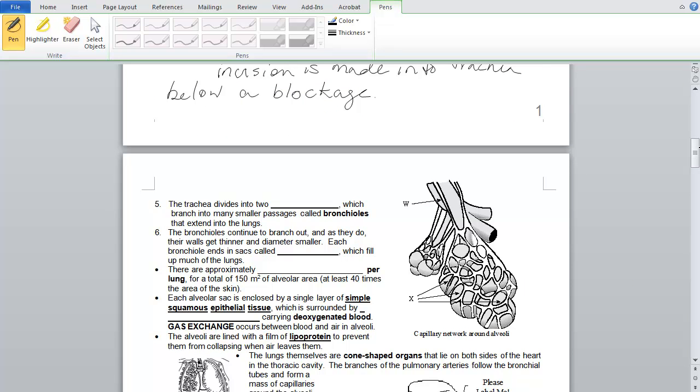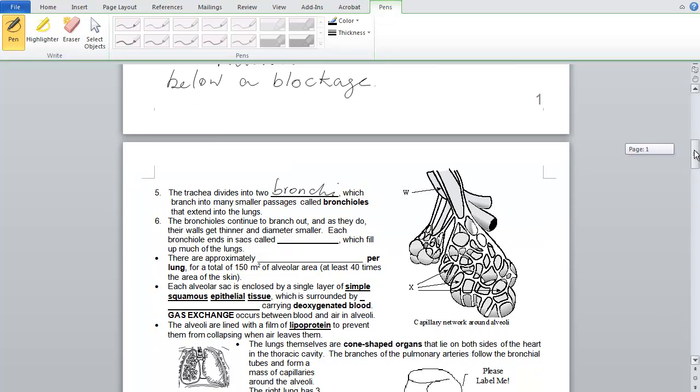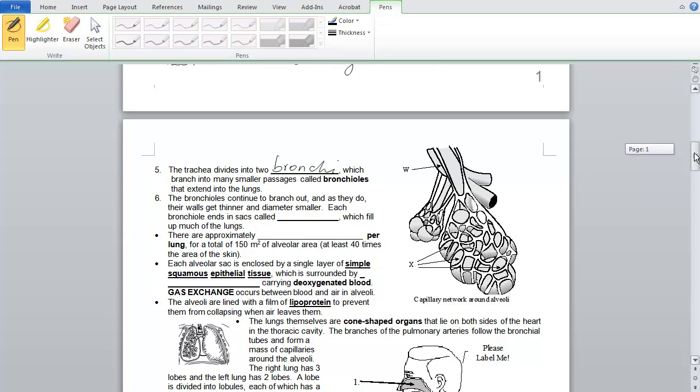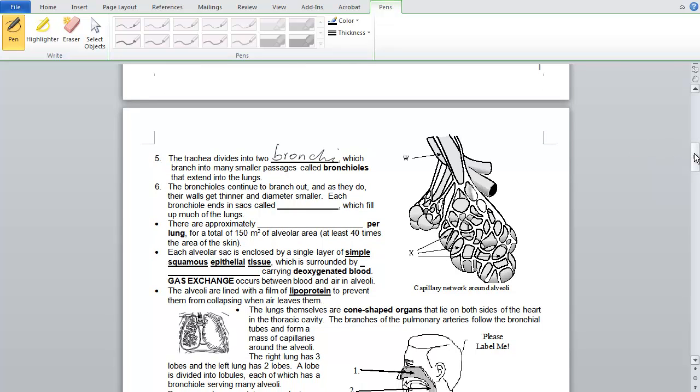The trachea then divides into two bronchi, which then branch into many, many smaller passages called bronchioles. The bronchioles will continue to branch out, and as they do, their walls get thinner and thinner, and they get narrower in diameter.